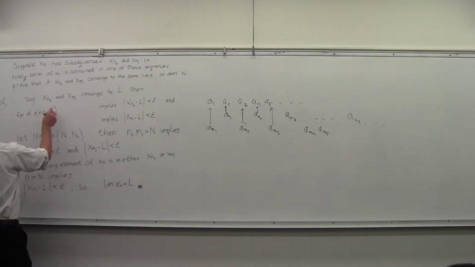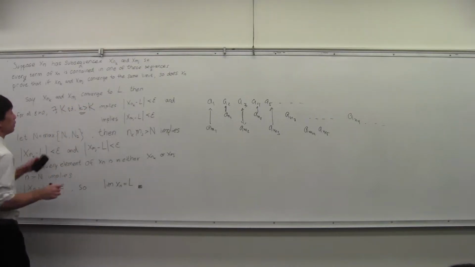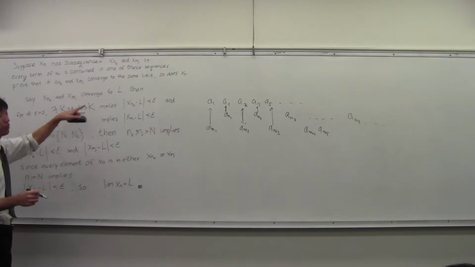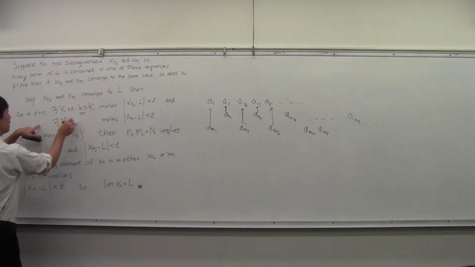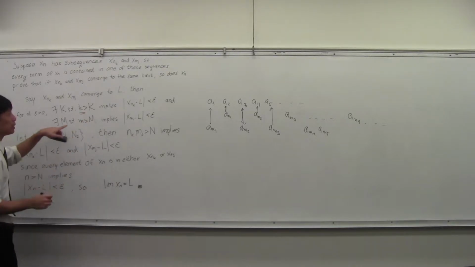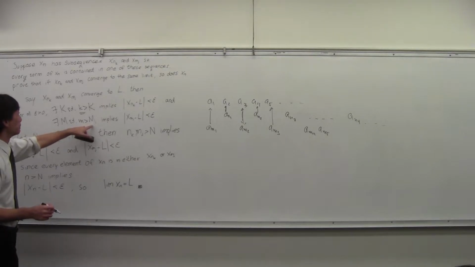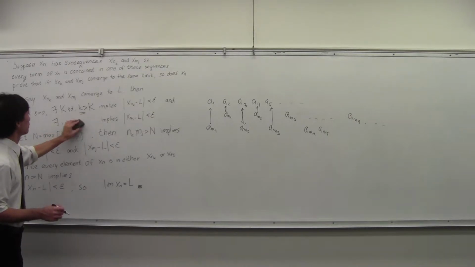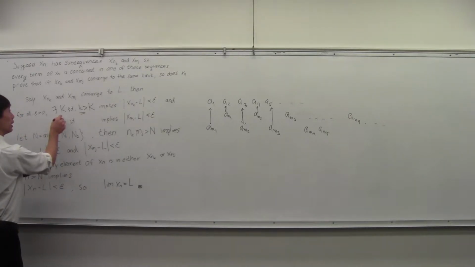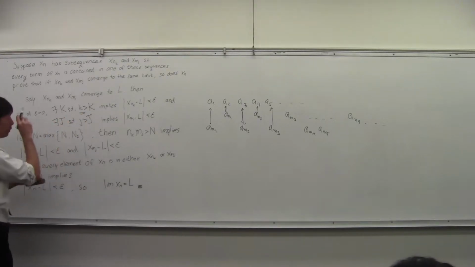Right, there exists a capital K such that if you're past that in the n sub k sequence, then you're less than epsilon. There exists a capital M such that if you're past that in the M sequence, then you're bigger than that, right? J. Oh, J. There exists a big capital J such that little j is bigger than big J, like that, right?